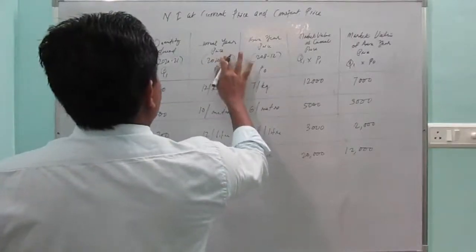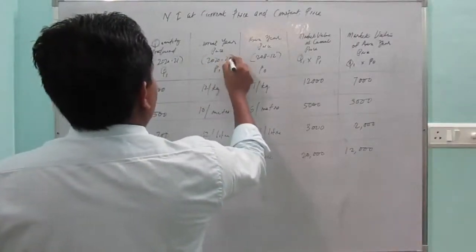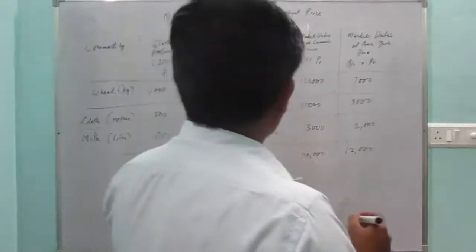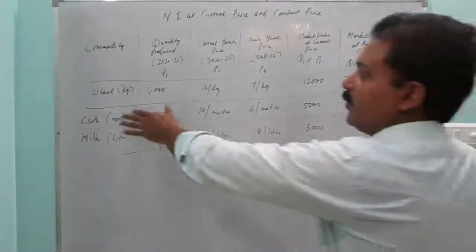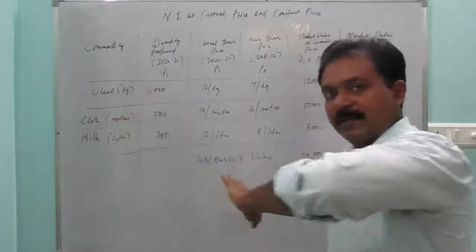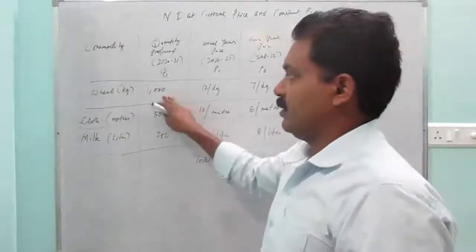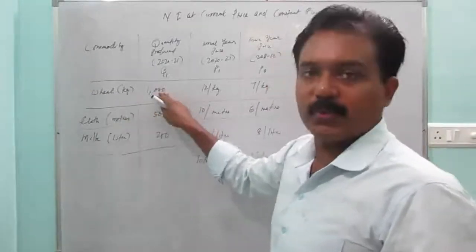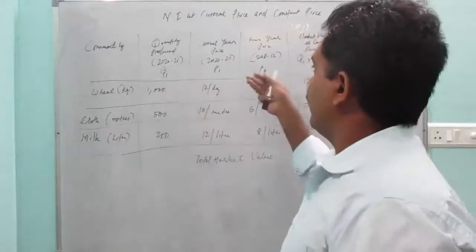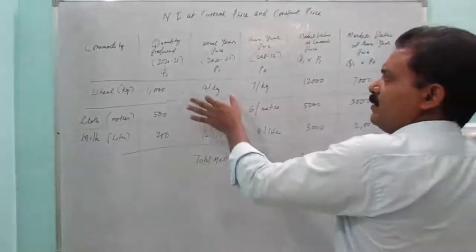The year is almost completed, you imagine. So wheat produced in this particular year is 1000 kg, and the current year price is 12 per kg.